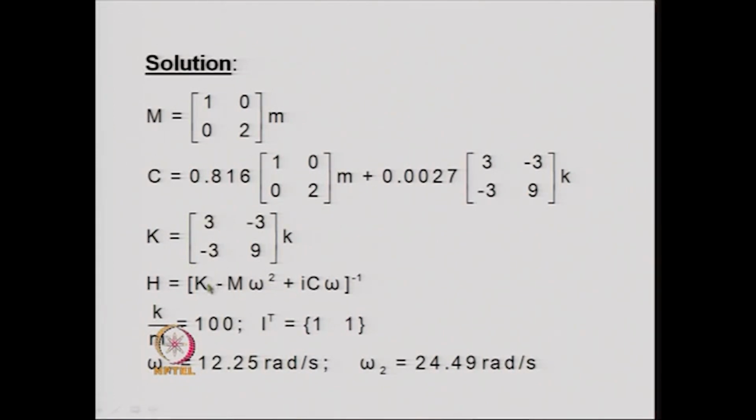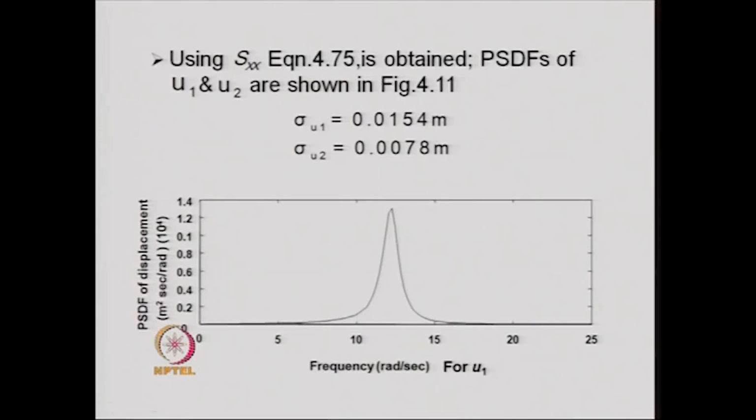This is the K matrix, and from there we can obtain for each frequency the H matrix, by inverting this matrix, and obtain the power spectral density function matrix of the two displacements using the previous equation. And the diagonal terms of the matrix are the PSDFs of the two displacements. That is what is shown here in the plot.